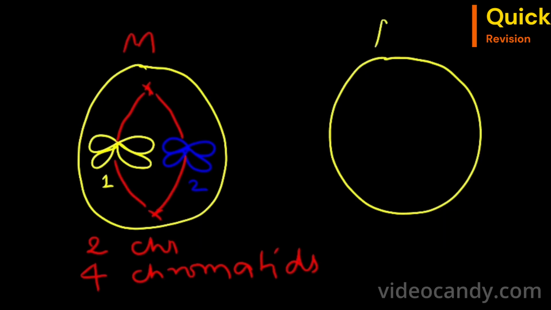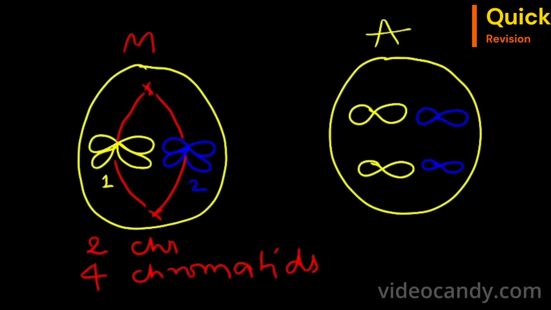Okay, this is your anaphase, right? Now here what happens is the chromosomes are dividing. The chromosomes are dividing in the anaphase, that is, this centromere is divided, and they're close to the centrioles.